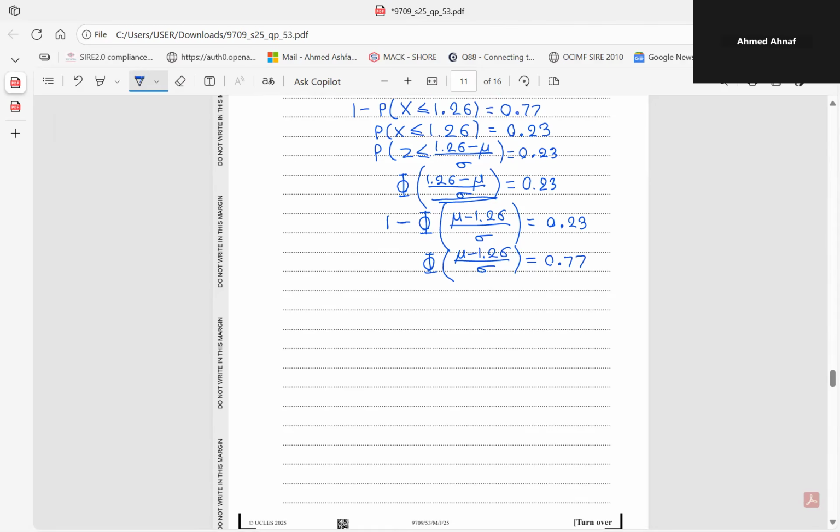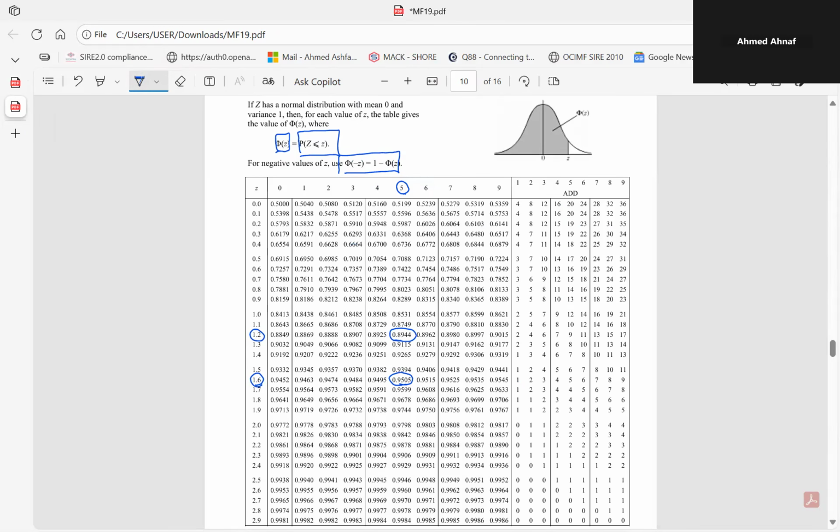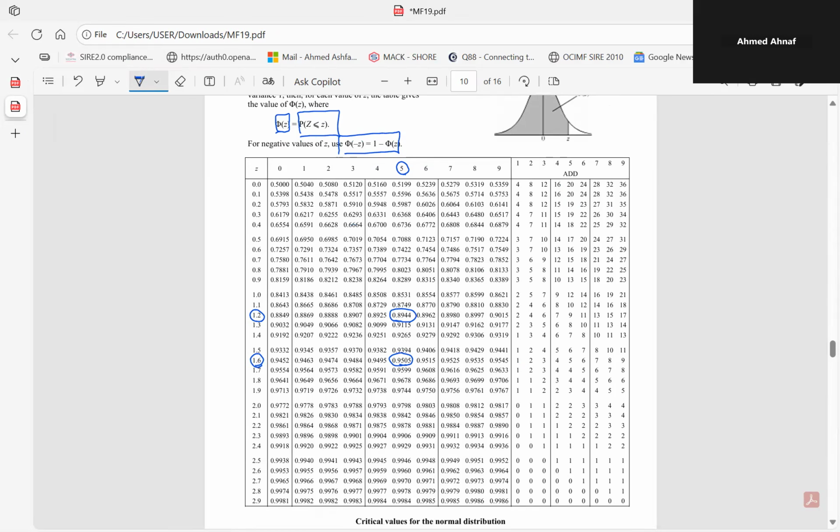Okay, so now you have to use the tables in reverse. You have to look for 0.77 within this whole table. The way we do that is we look for the value that is closest to 0.77 and less than 0.77. So 0.7877, okay, I found one.